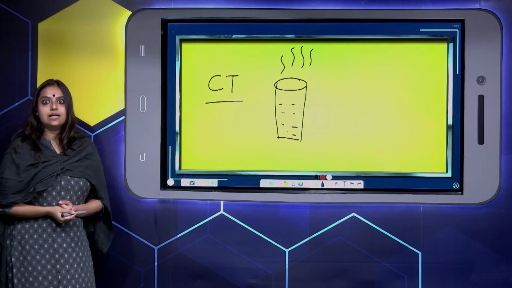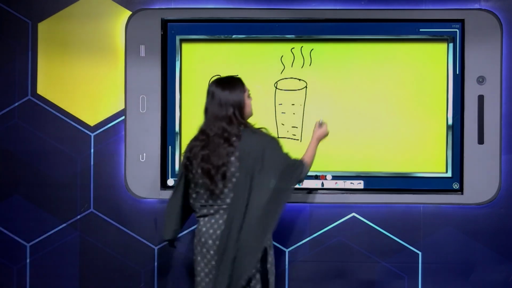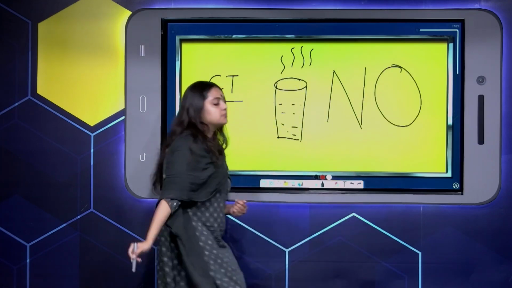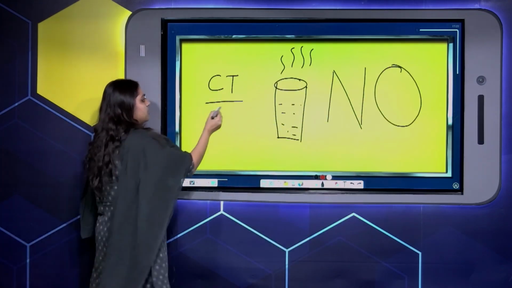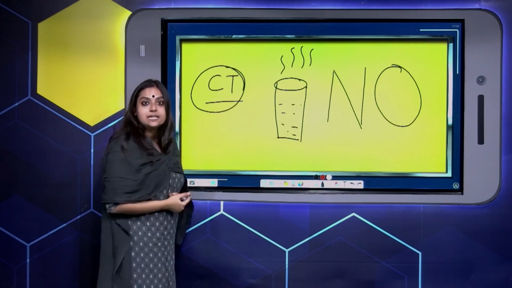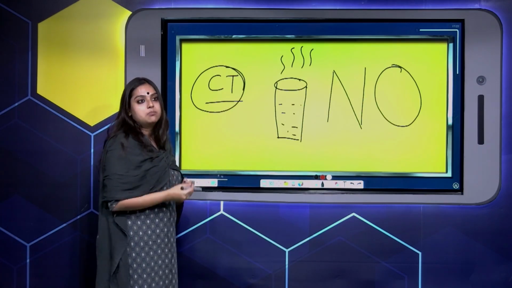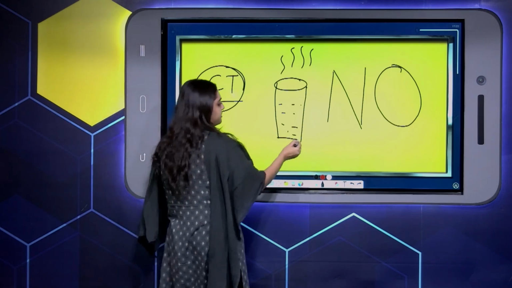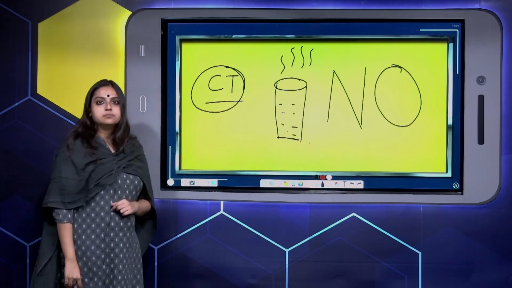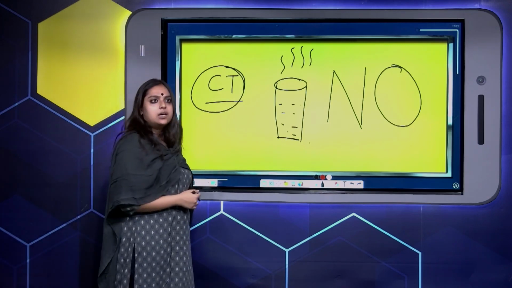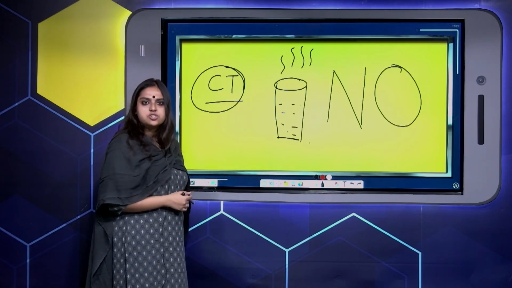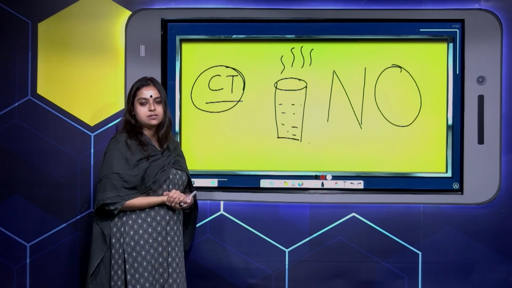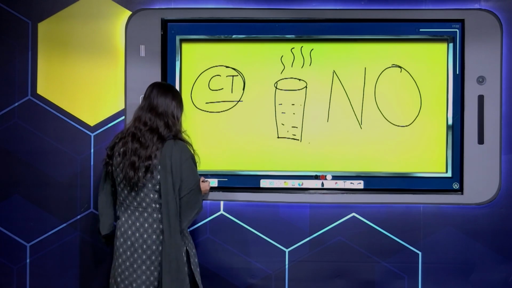And the answer is a big no. Because clinical thermometers are only used to measure body temperature and not temperature of other objects. So you will say that how can we measure the temperature of other objects? We will deal with that in the next class.